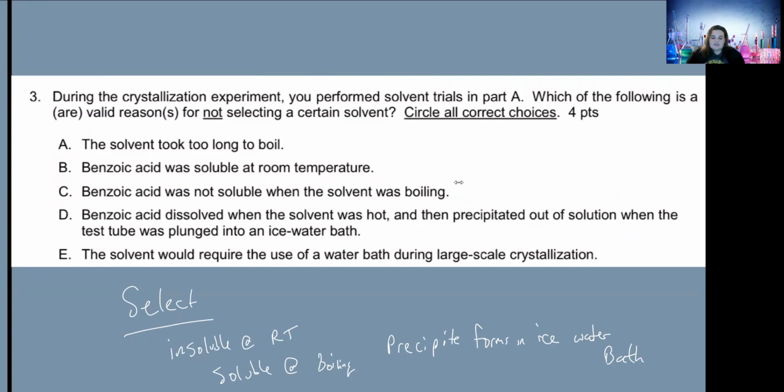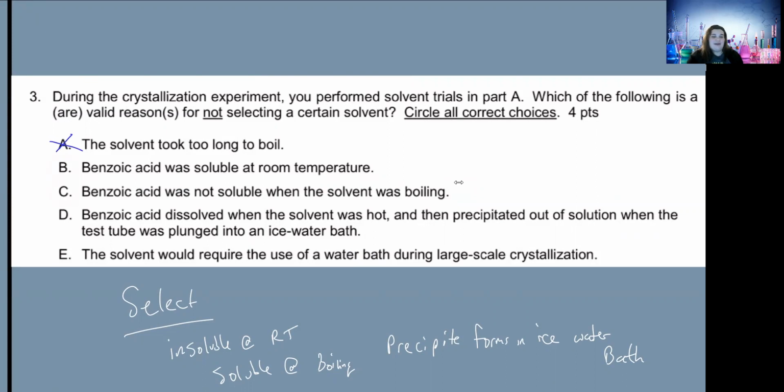So these are reasons why we would select a solvent. They want to ask us why not select a solvent. So A, the solvent took too long to boil. That is you just being impatient. That has nothing to do with the chemical effects of the experiment, right? So that's no, sorry. You might have noticed with water, because it has such a high boiling point, it probably took a little while to boil when you were running this on your own. So it's a little annoying.